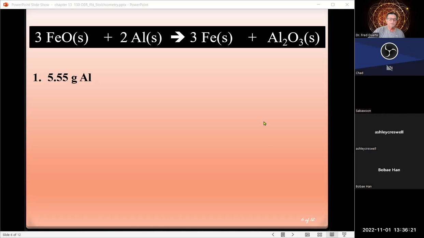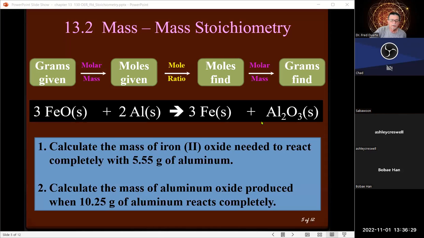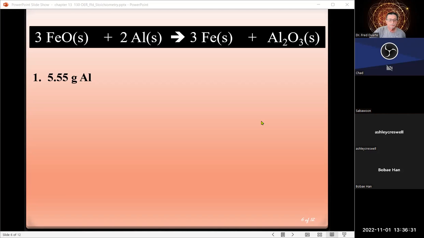The first one says, I have 5.55 grams of aluminum, and we're going to figure out how much iron 2 oxide we need. So what we're concerned about is the relationship between these two. We write down what we're given.